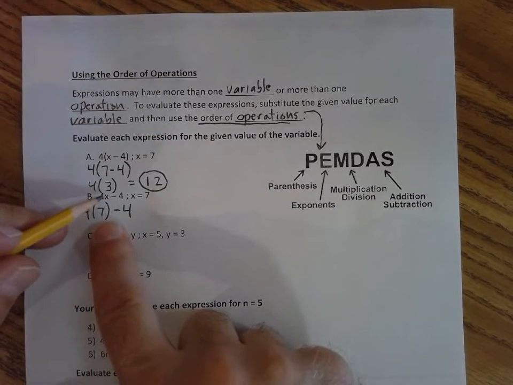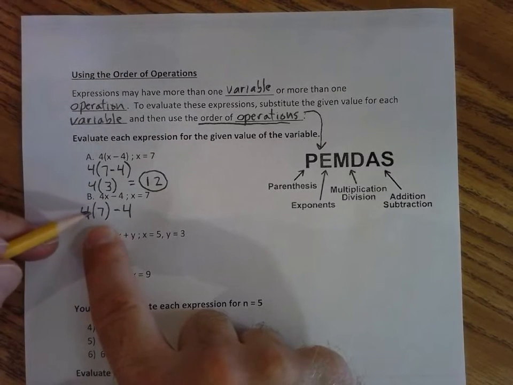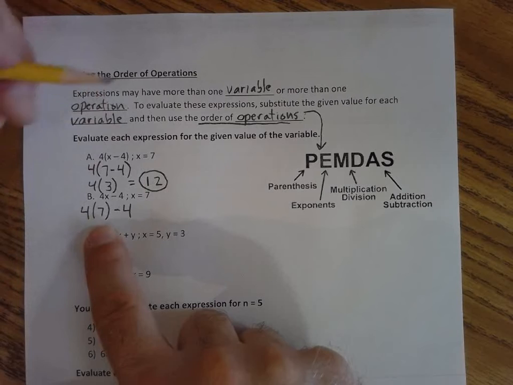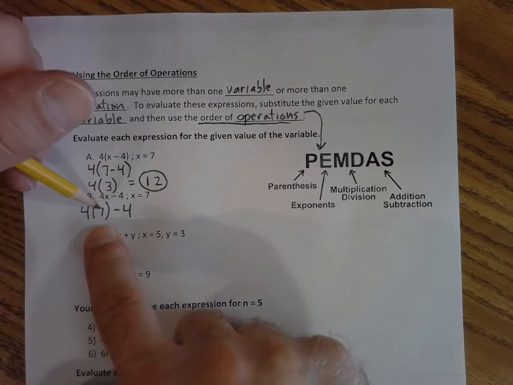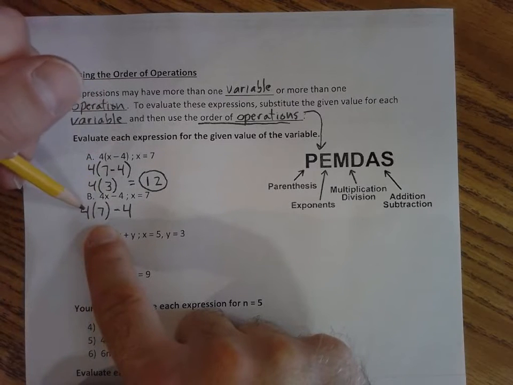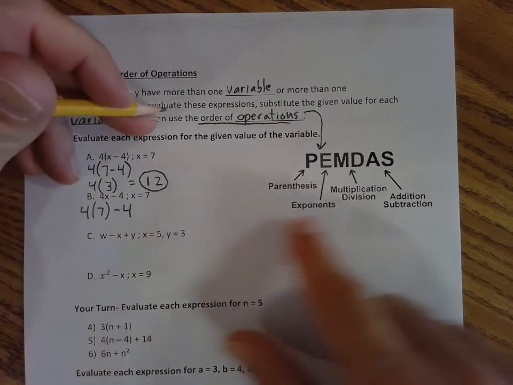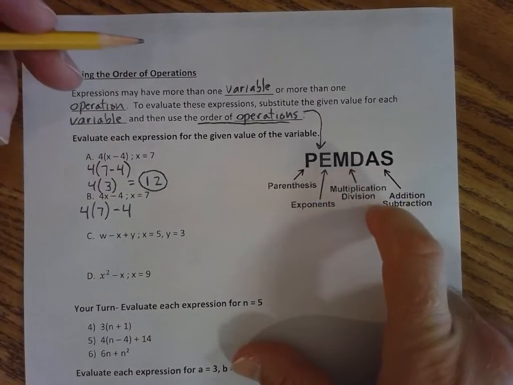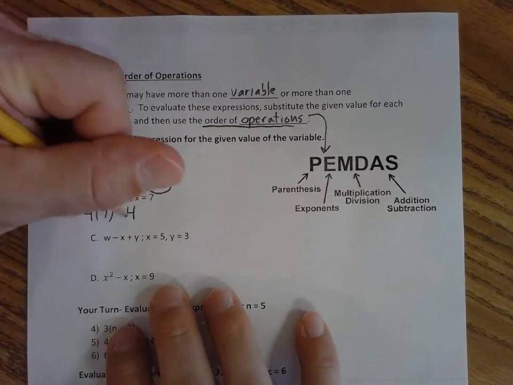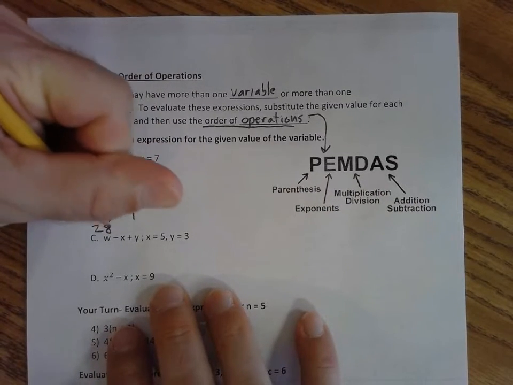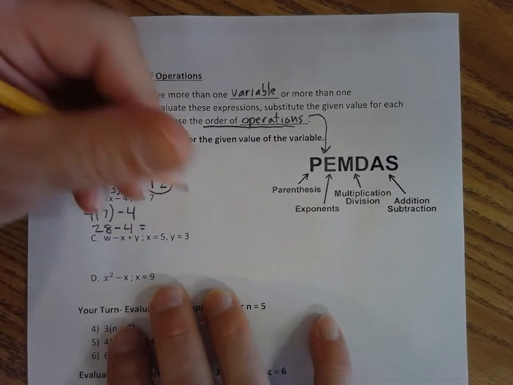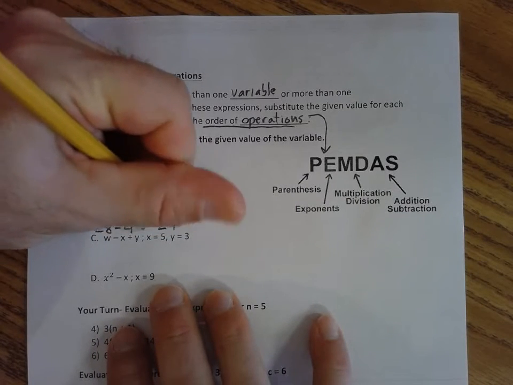The reason I put it in parentheses is because I know that this is multiplication, and the 4 next to the 7 means multiplication. Now I just use my order of operations. Do I do 7 minus 4 first, or do I do 4 times 7? I have to do multiplication, because that comes before subtraction. So 4 times 7 is 28, and then I subtract 4. So 28 minus 4 is equal to what? 24. Okay?